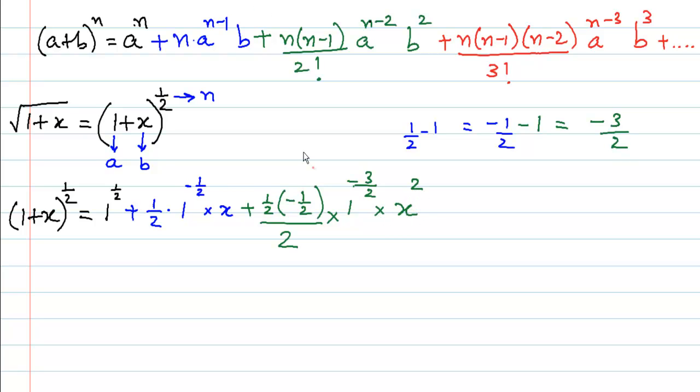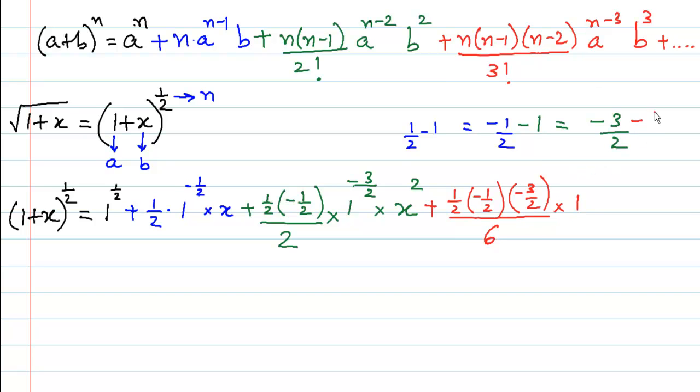Then we come to our next term, plus n into n minus 1 into n minus 2. n is 1 upon 2, n minus 1 is minus 1 upon 2, n minus 2, which we have calculated, is minus 3 upon 2. The whole upon 3 factorial. 3 factorial is 3 into 2 into 1, which is 6. a raised to n minus 3. a is 1 raised to n minus 3.